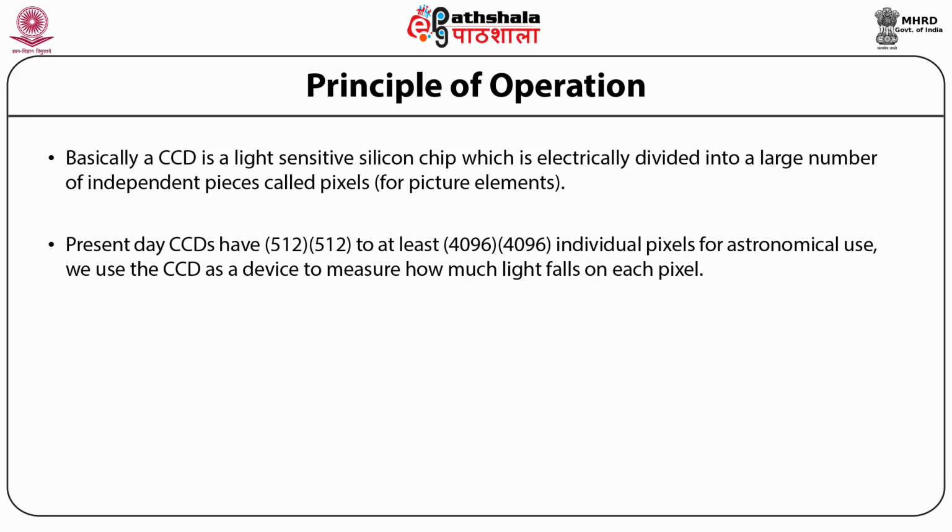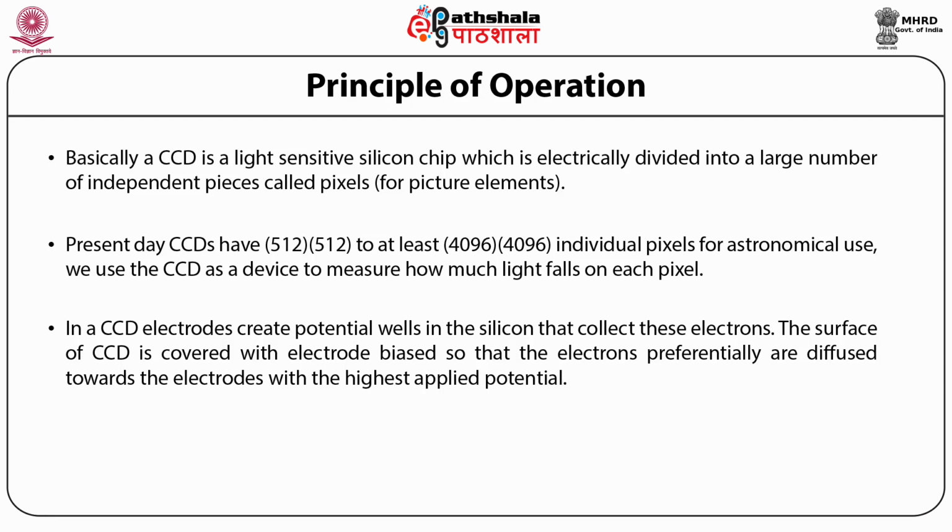We use the CCD as a device to measure how much light falls on each pixel. When a photon is absorbed in silicon, an electron hole pair is created. In a CCD, electrodes create potential wells in the silicon that collect these electrons.